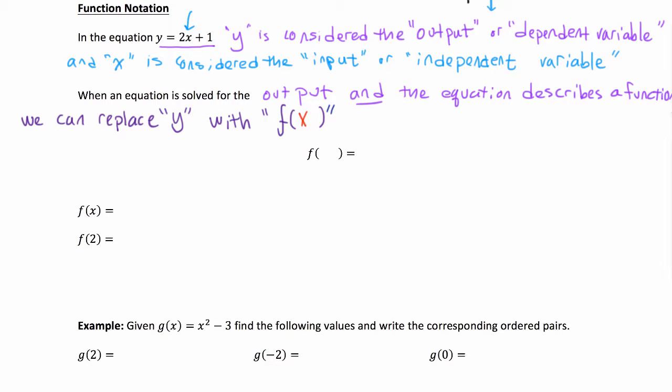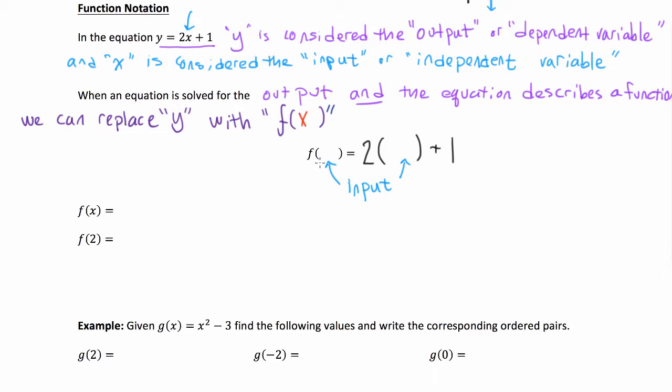So if I have f of x, I can rewrite y equals 2x plus 1 as f of x equals, and I'm going to leave this open because this is the input, this is what I'm going to plug in here. So I have f of, equals 2 times, like this. The big idea here is: don't write anything in here. This is the input.